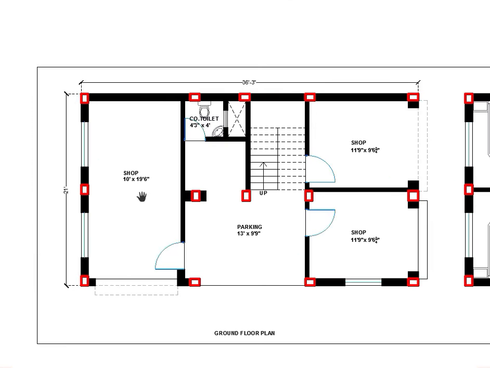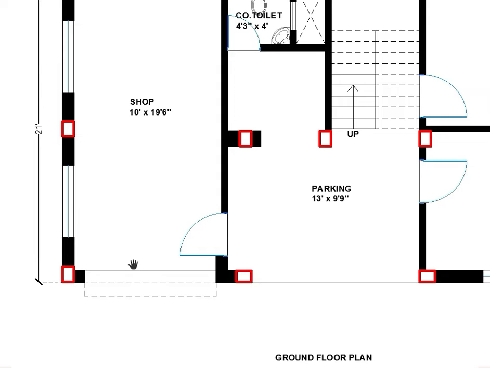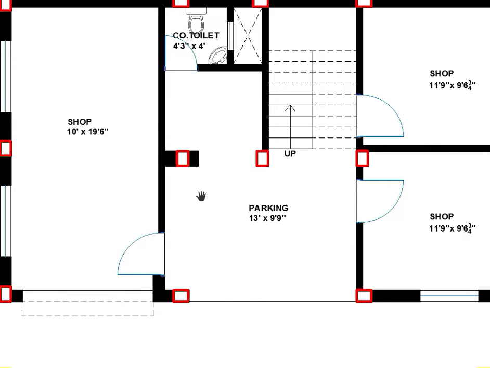See, here is the shop, which is 10 feet by 9 feet 6 inch. It means horizontally here to here is 10 feet, and vertically here to here is 19 feet 6 inch. And here is the primary entry, and here is the secondary entry.